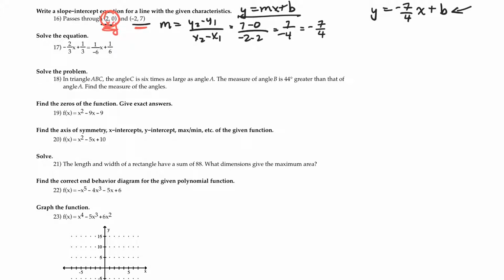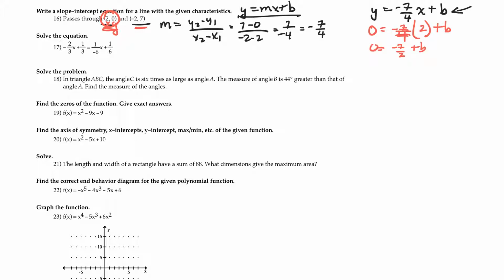So plug them in where x is. So I'd have negative 7/4, that's a 7 over 4, times the x value is 2, and where the y value is 0, plus b. And then I'd solve this for b. So I'd multiply negative 7/4 times 2, negative 14 over 4, negative 7 over 2, that would be, plus b equals 0.